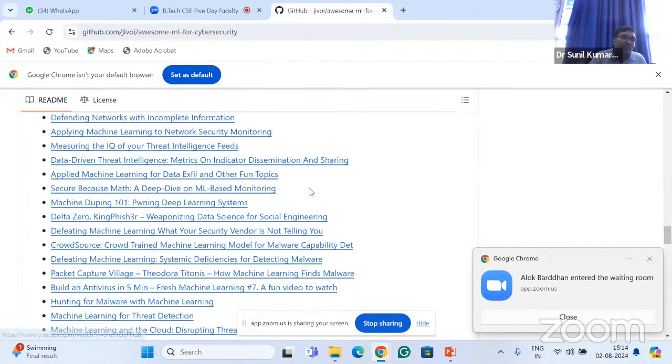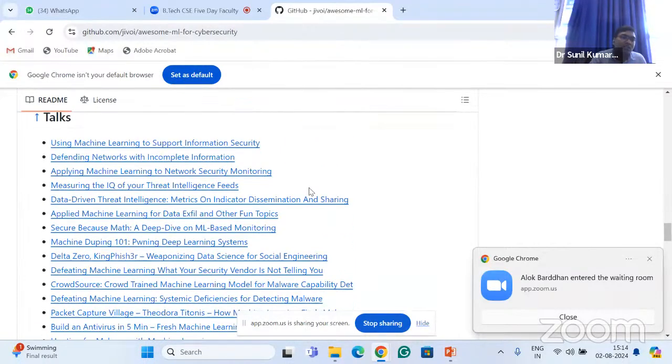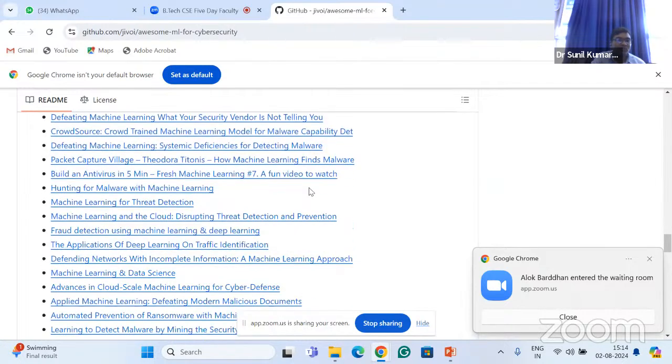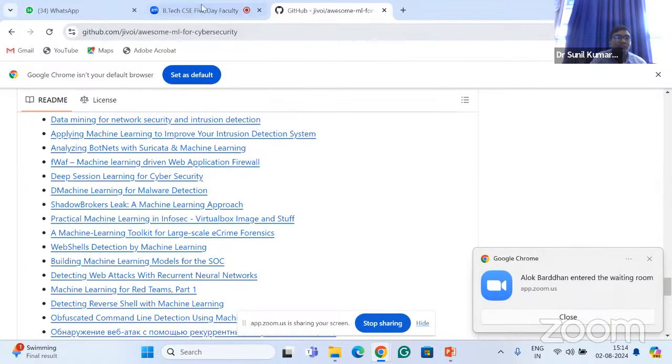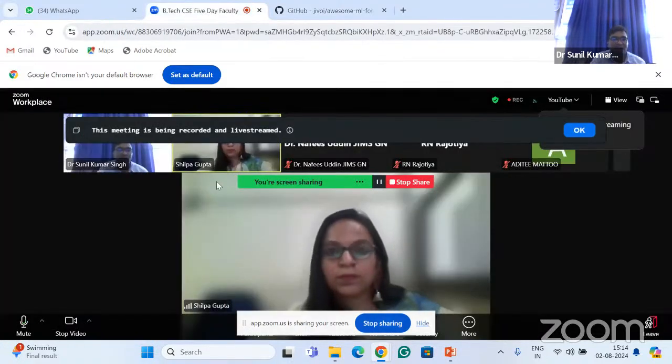And you can see some talks also related to security and machine learning. So for those who are interested, this particular link is going to be very relevant.